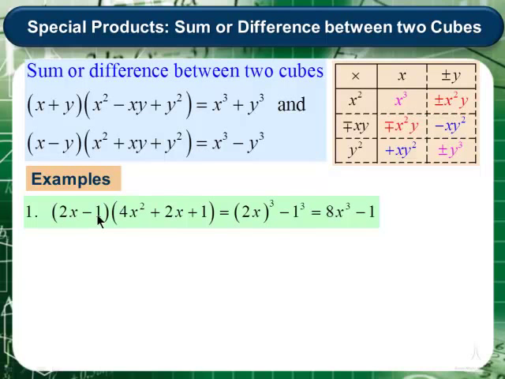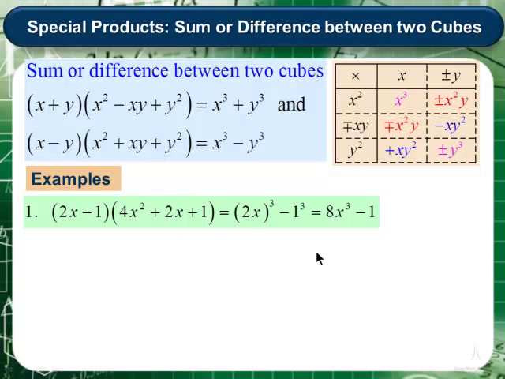So that fits the structure for the sum or difference between two cubes, because you see that this middle term over here is in fact the negative of the product of these two terms, and that really is what we need from our structure up there.